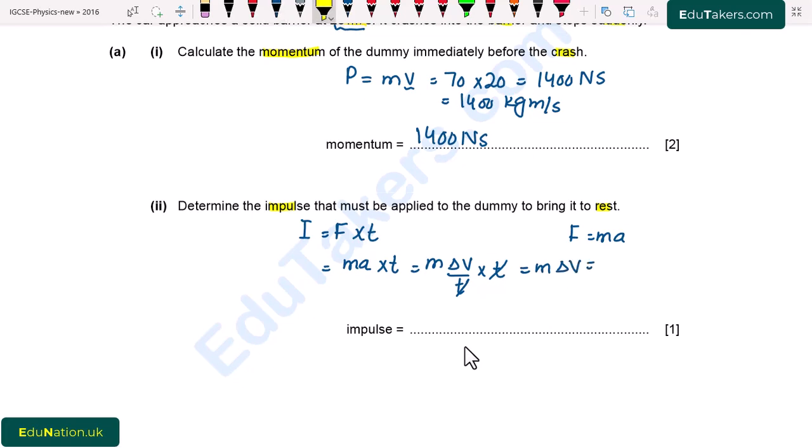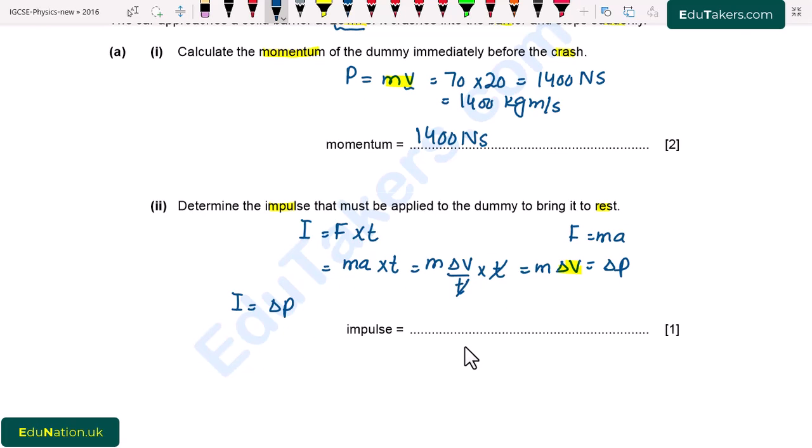As we wrote earlier, the product of mass and velocity is momentum, and here delta v is involved. It means that this term is basically the change of momentum. So I can simply write that impulse is equal to change in momentum. In part A, we calculated the momentum before the crash, and the final speed is equal to 0.